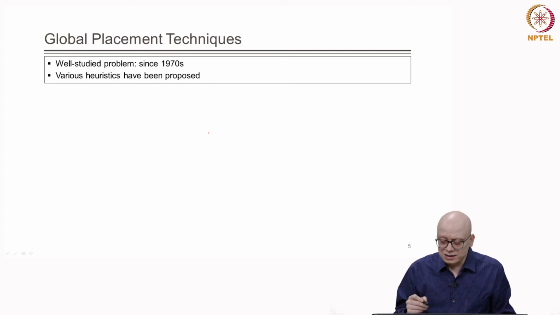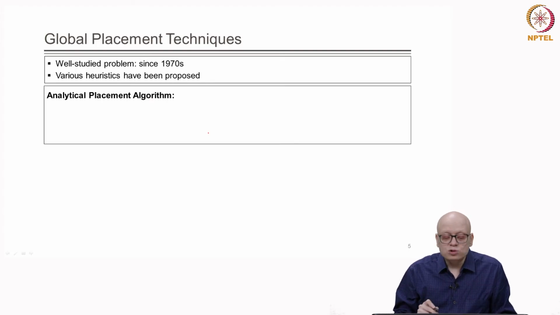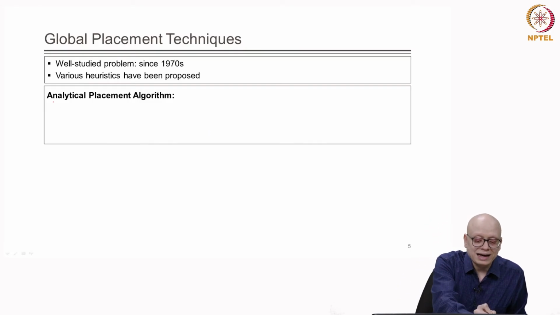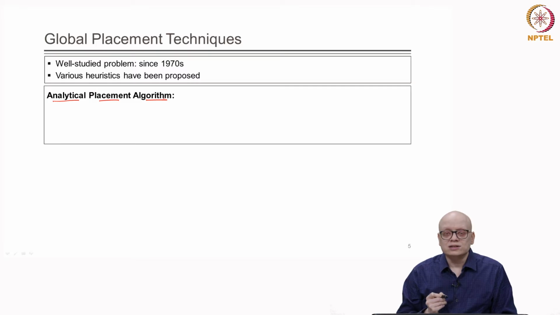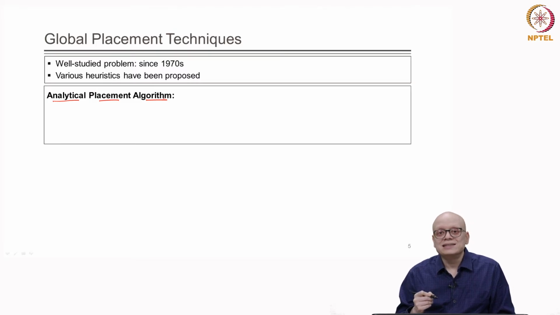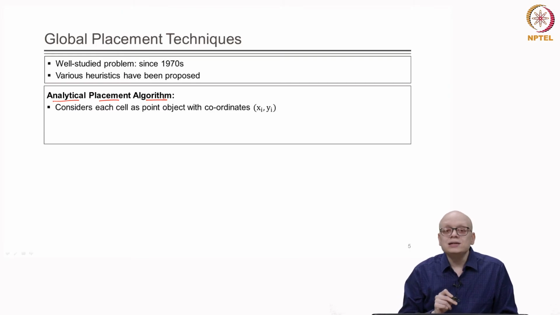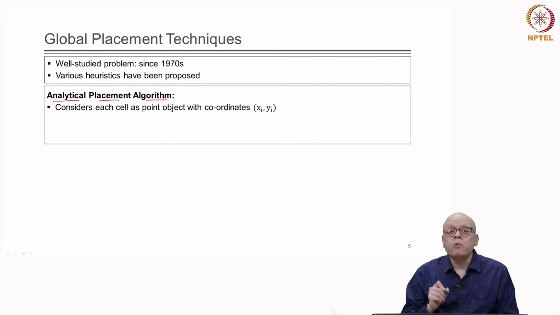Typically these days, the most widely used heuristic for placement is what is known as the analytical placement algorithm. In analytical placement, what we do is consider each cell as a point object.